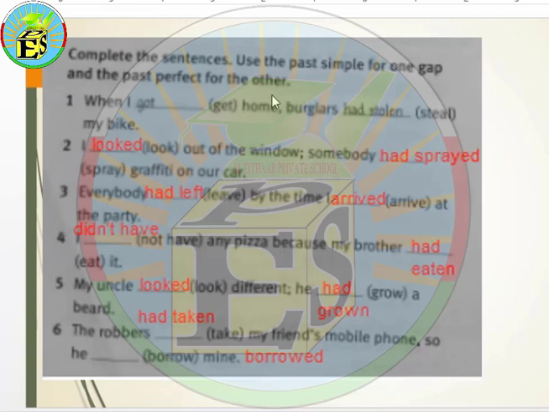Everybody had left by the time I arrived at the party. Number 4. I didn't have, here is past simple, any pizza because my brother had eaten it. 6. The robbers had taken my friend's mobile phone, so he borrowed mine. Okay, now let's go for the next one.